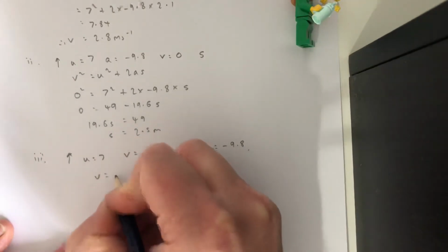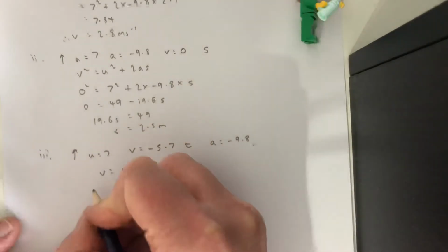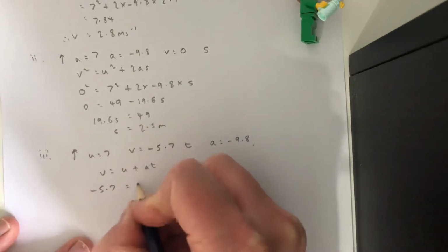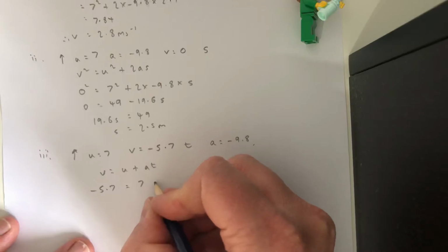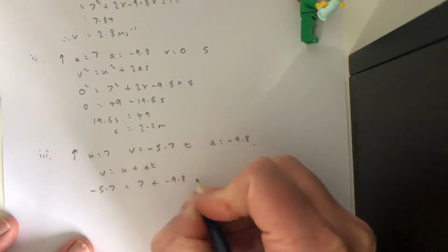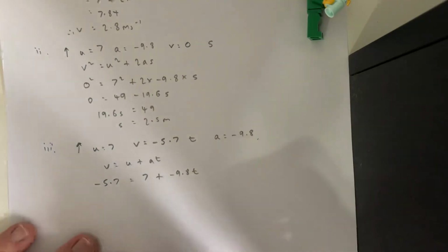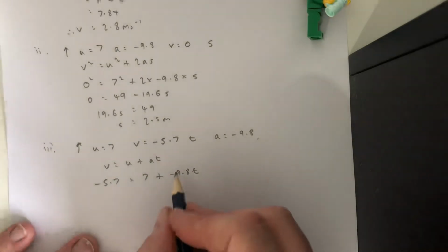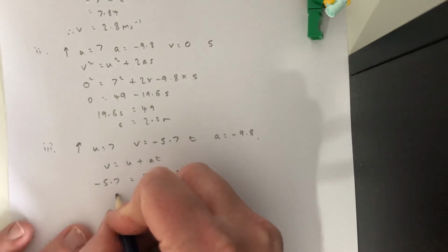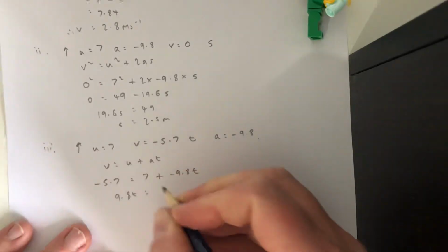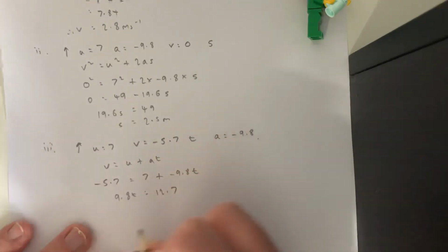So this time we've got v, u, a and t, we'll choose to use v equals u plus at, so minus 5.7 is equal to 7 plus minus 9.8 lots of t. Just quickly rearranging that, if I move the 9.8t to the left-hand side and add the 5.7 on, it goes to 12.7.